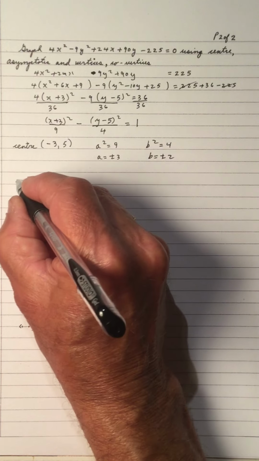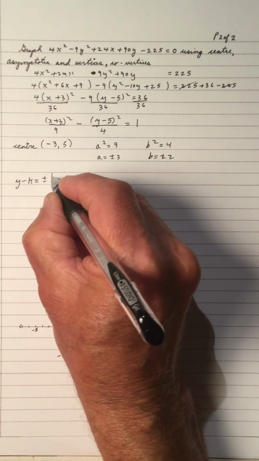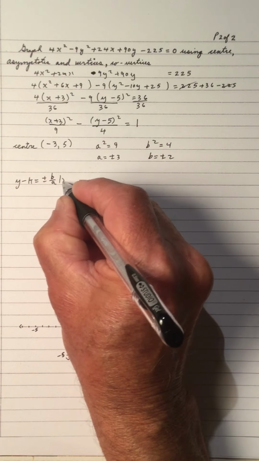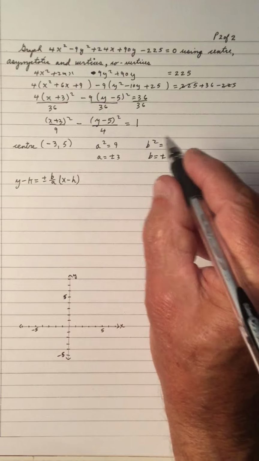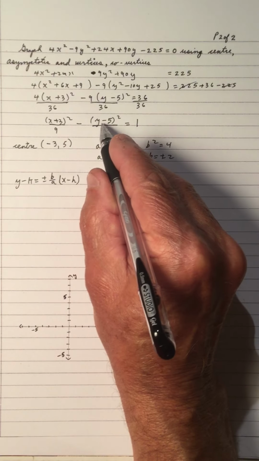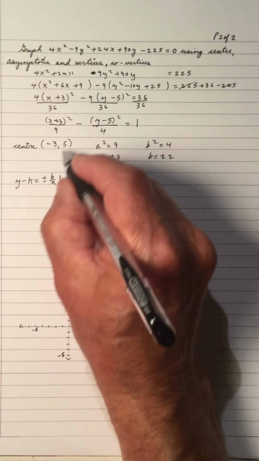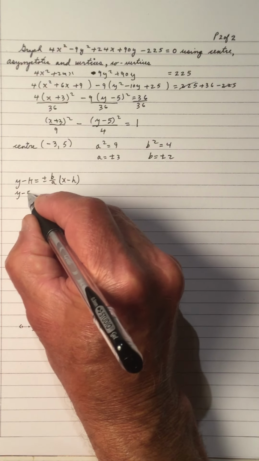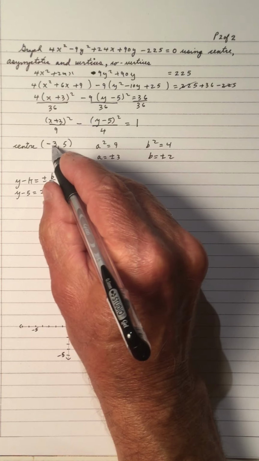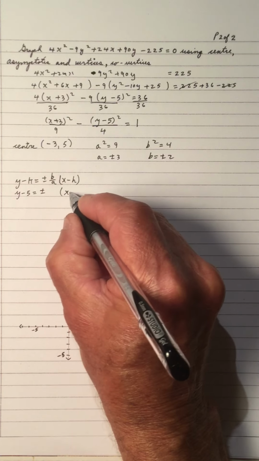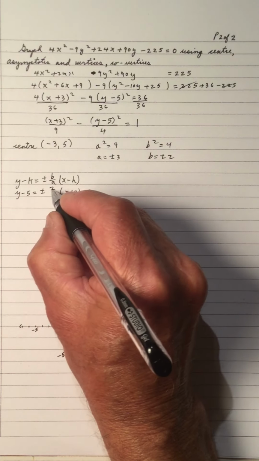Our asymptotes are y minus k equals plus or minus b over a times x minus h. So what I have here is what goes here. The center, that's a 5, so that's a y minus 5. And x is minus 3, so that's an x plus 3. B is 2.